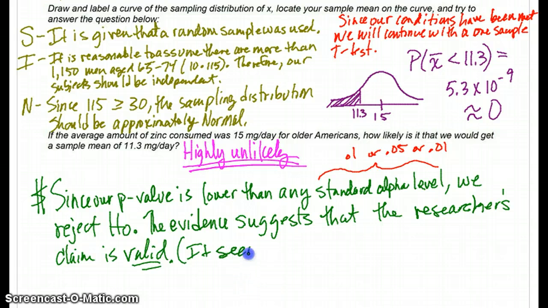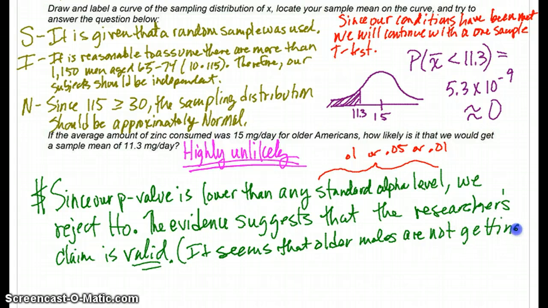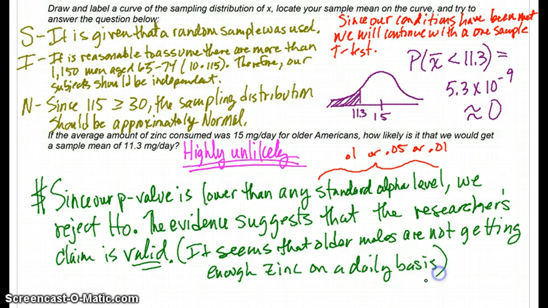It seems that older males are not getting enough zinc on a daily basis. All right, and here is an example of a one-tailed t-test.